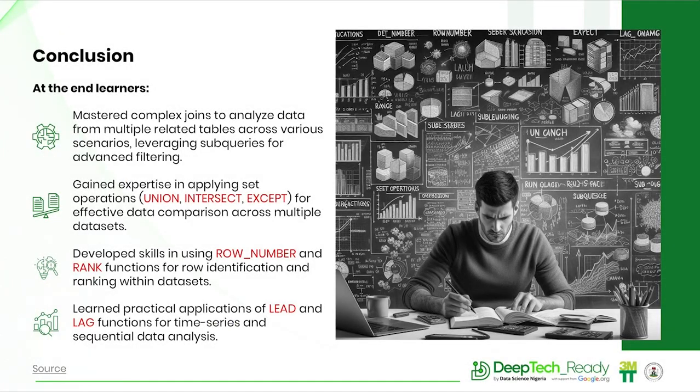We have successfully come to the end of today's class. At the end, you should be able to know how to use complex joins to analyze data from multiple related tables across various scenarios. You should be able to leverage subqueries for advanced data filtering, and to use UNION, INTERSECT, and EXCEPT for effective data comparison across multiple data sets.